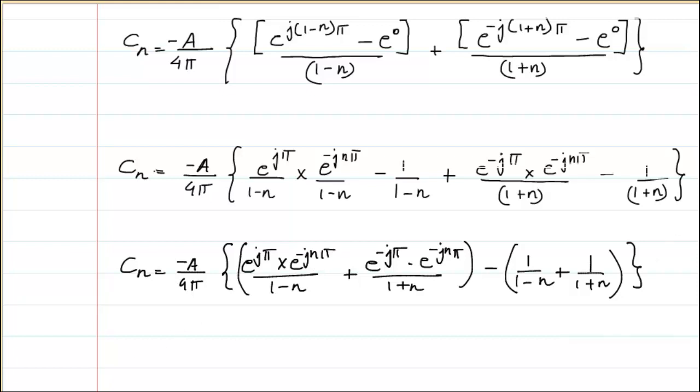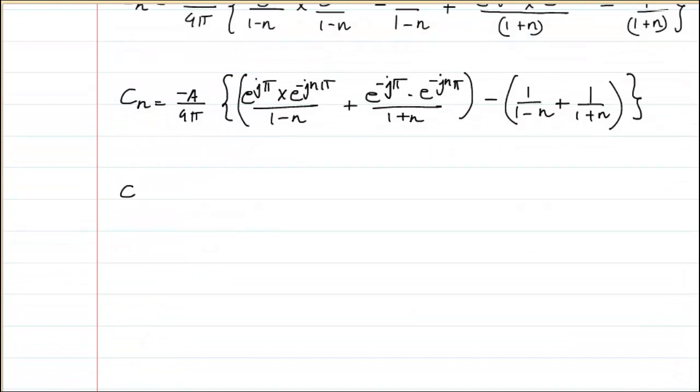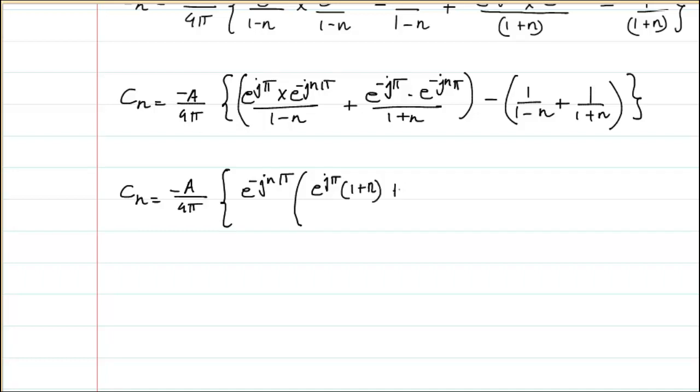So I will write again cn is equal to minus a by 4 pi, then e raised to power minus j n pi, which I basically take common, and the remaining portion can be cross multiplied to be e raised to power j pi into 1 plus n plus e raised to power minus j pi into 1 minus n divided by 1 square minus n square, correct?